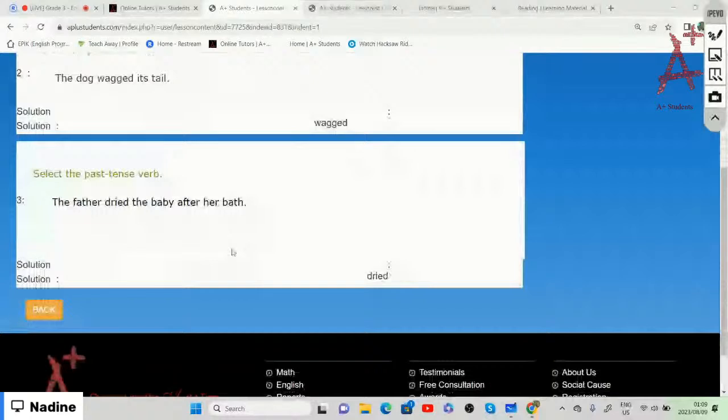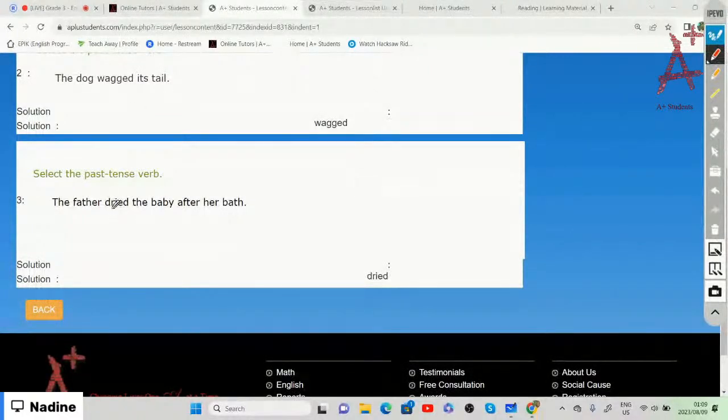So we need to select the past tense verb within that sentence. All right, so basically the father dried. Dried is our past tense verb within that sentence.